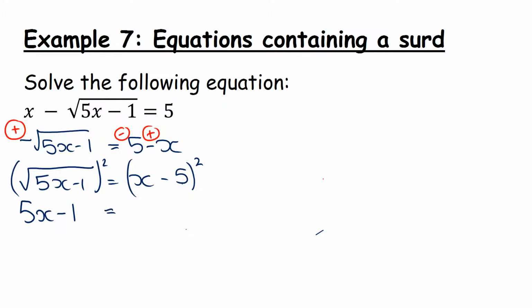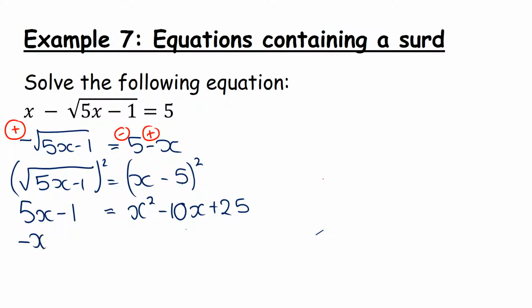So it just leaves me the bit that was under the square root. So x minus 5 all has to be squared out fully. You can do that by writing down the two brackets and doing that out fully. I'm just going to really quickly write it down as x squared minus 10x plus 25. So now, as you can see, we have a quadratic, so we want to get everything over one side of the equal.